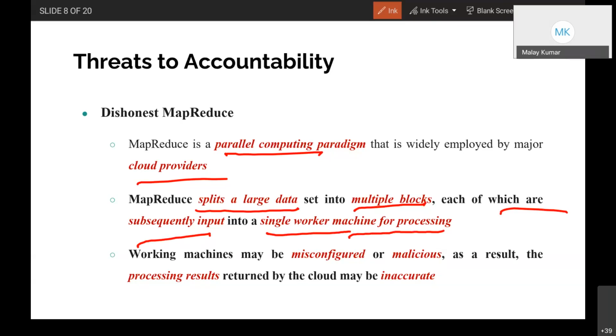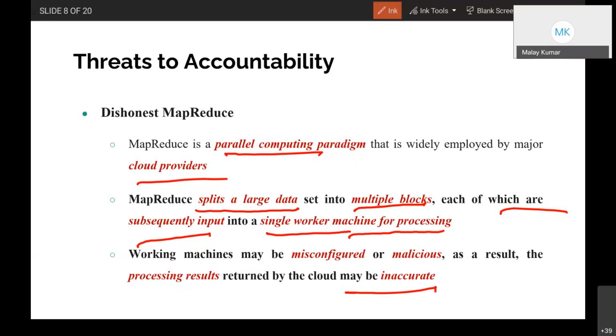However, as we have discussed previously, if the machine is misconfigured or malicious, the processing happening over the machine will produce an incorrect result.